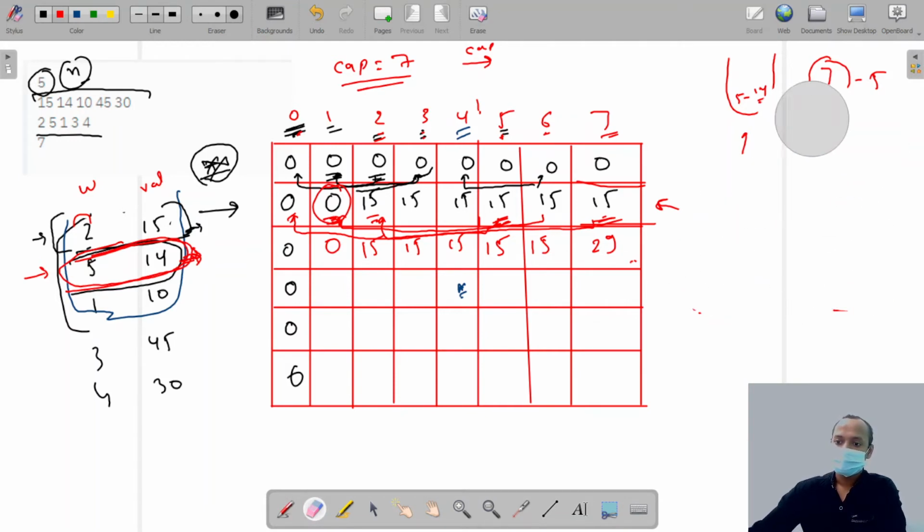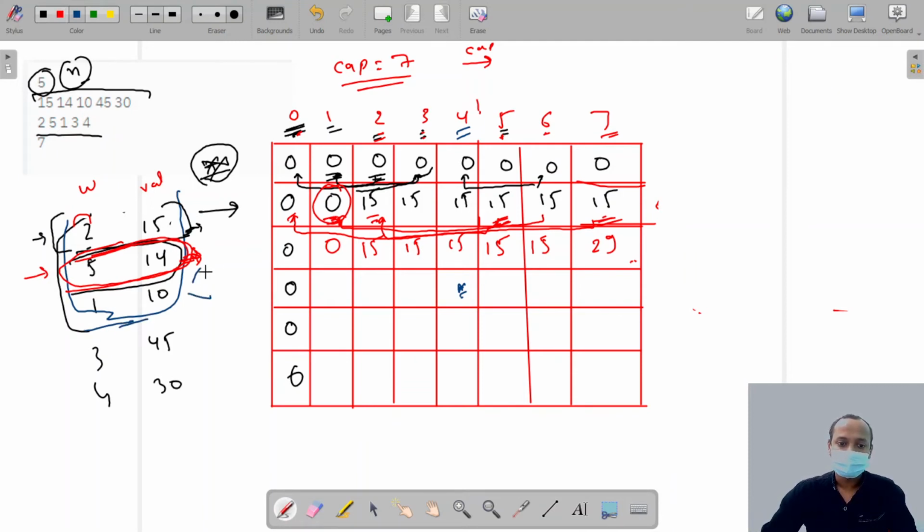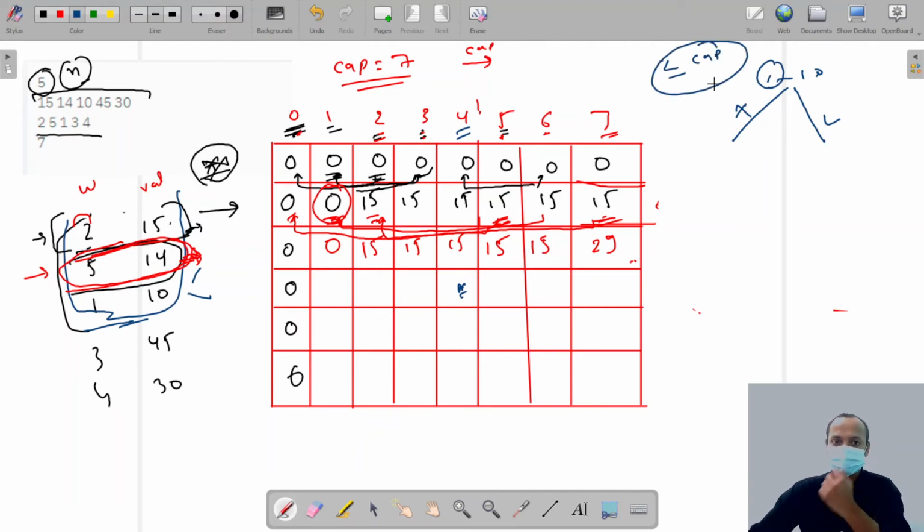Okay, now we have this item, and we have two choices. We can include or exclude this item. The condition to take this item is that the weight should be less than or equal to the capacity, so we can put this item in our bag.